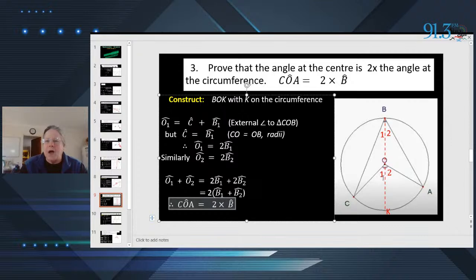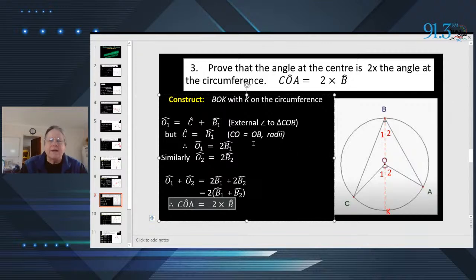Right, so I've said O1 is equal to B1 plus angle C. But angle C is also equal to angle B1, which I've explained a minute ago. Reason being, it's an isosceles triangle. You're not allowed to write that anymore.